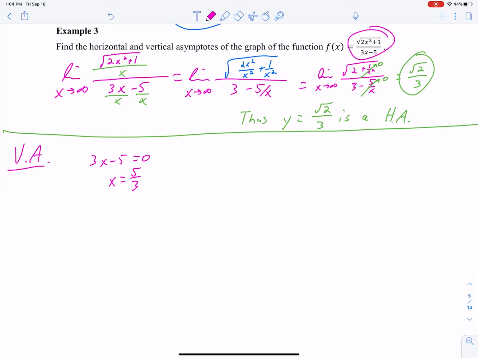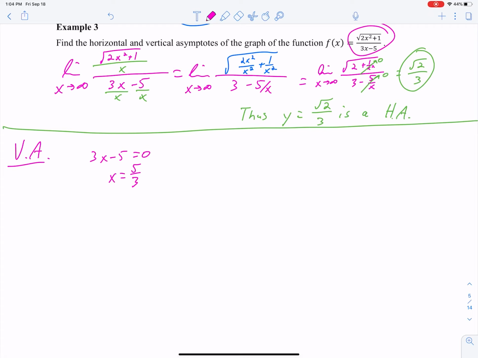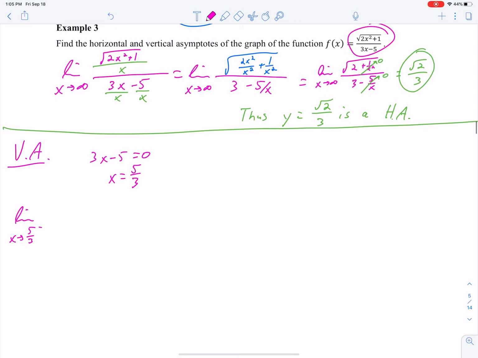So what we need to do to prove it with calculus, and you must prove it with calculus to get credit, is take the limit as x approaches 5/3 from the left of radical 2x squared plus 1 over 3x minus 5.